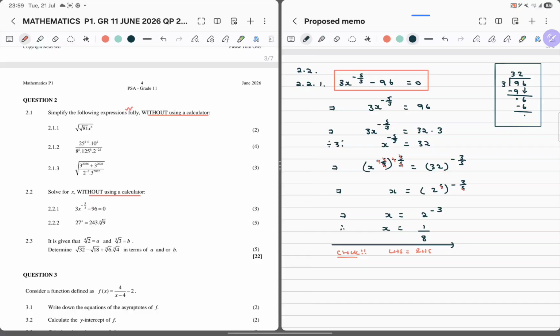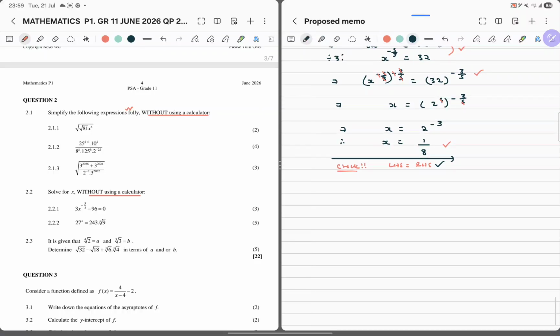Then we subtract 96. It gives us 0, so this is good. If it checks out, you know that there is no chicanery committed. How many marks? 3. Perhaps the method here, the answer, and whatever we did here, is probably good enough.